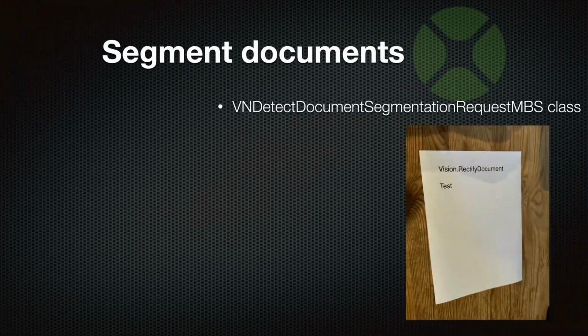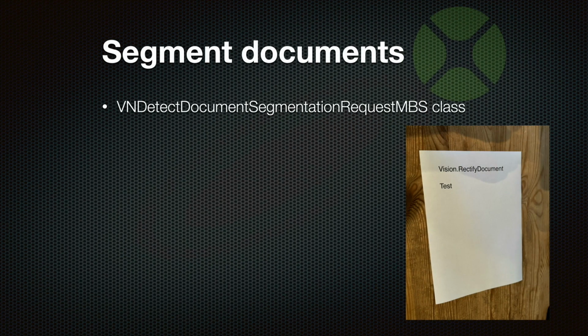Then we got the class for the detection of documents on a photo. So you can have a picture taken of a paper document, and then you can rectify it, and you can remove, in this case, the wooden table around the document, and put that into your application.